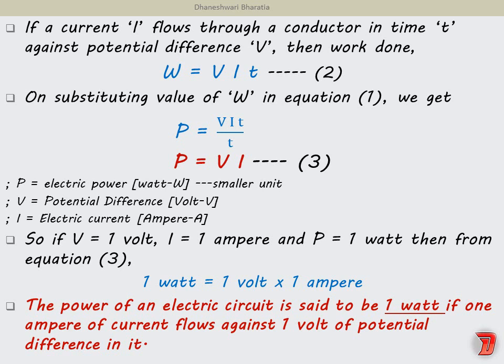So here you have to remember the formula. P is equal to W by T, P is equal to VI, and 1 watt is nothing but 1 ampere of current flowing against 1 volt of potential difference. Fine. So this was all about electric power.